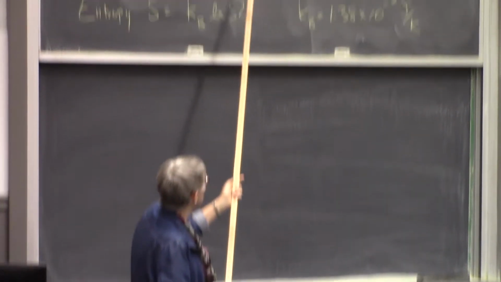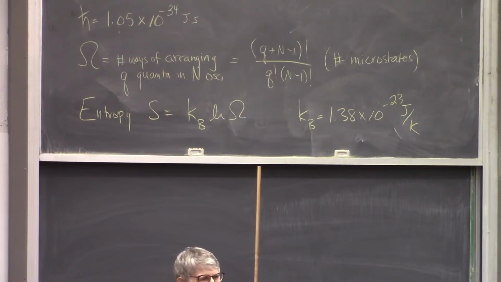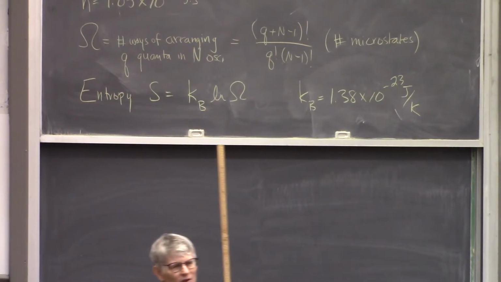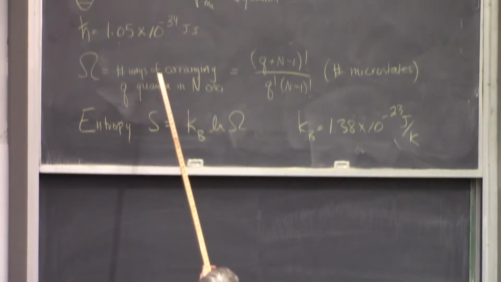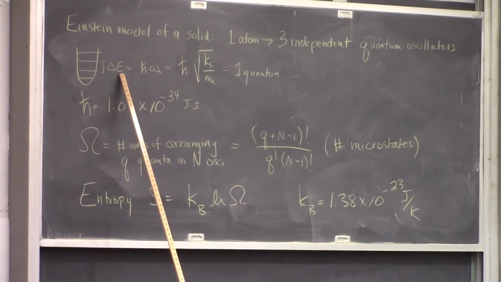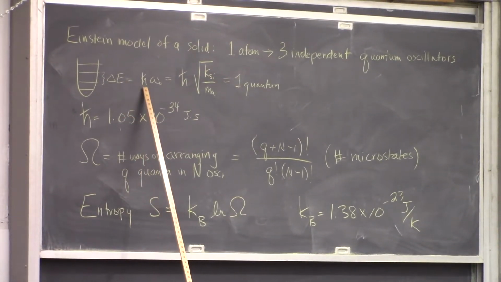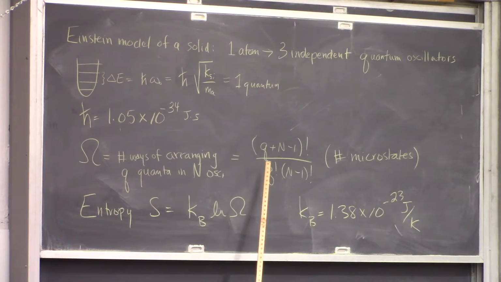We found that we could count on our fingers when there weren't very many oscillators or quanta, but that wasn't practical when there got to be more. So we have a combinatorial formula for this. The number of ways of arranging q quanta of energy, so q of these little packets, h bar omega 0, among n oscillators was given by the equation q plus n minus 1 factorial over q factorial times n minus 1 factorial.